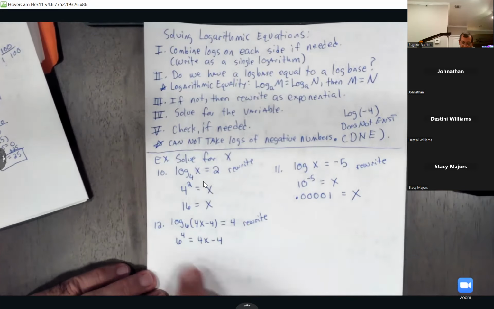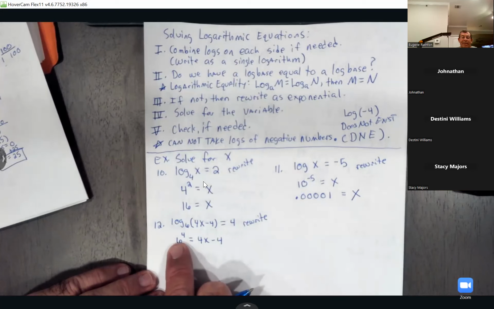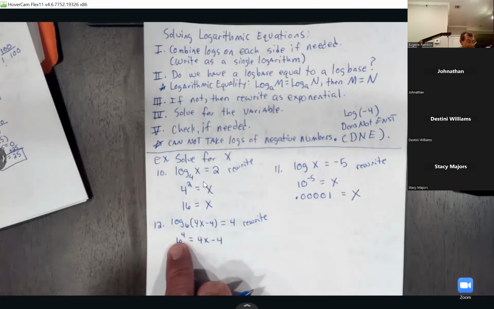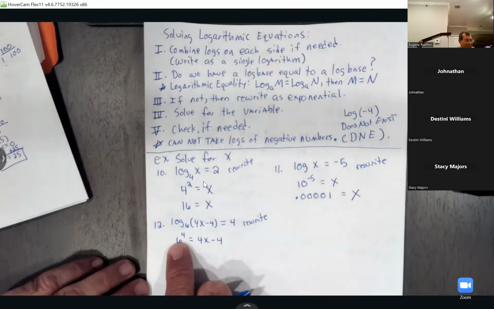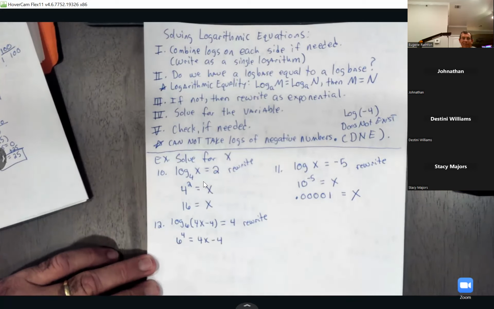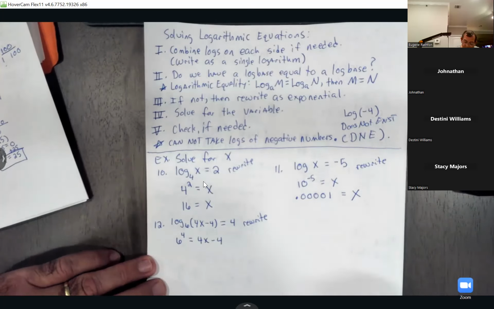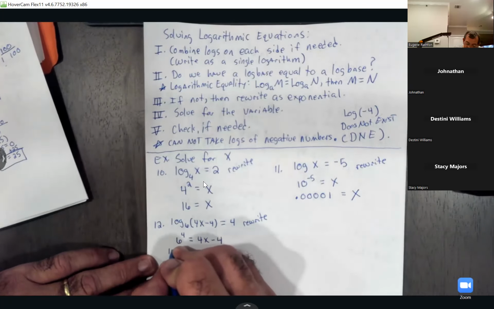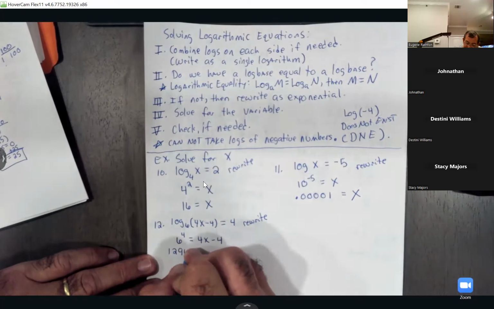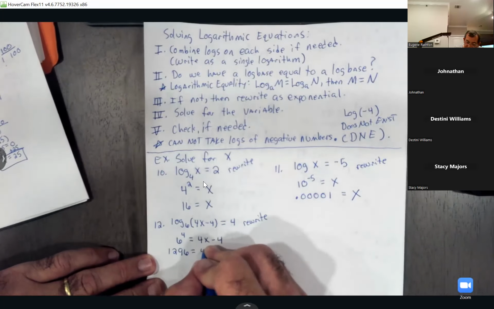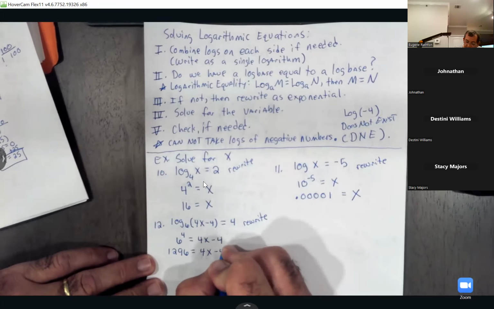All right, y'all. So we need to figure out what 6 times 6 times 6 times 6 is. Ooh, that's a lot of 6s. I think when I punched that in, I ended up with 1,296 equal to my 4x minus 4.